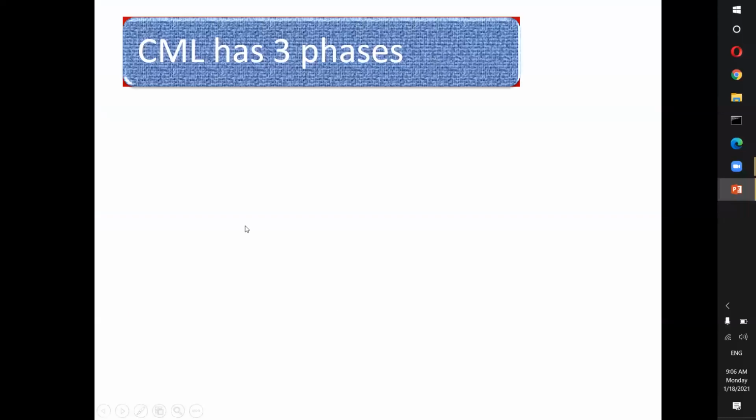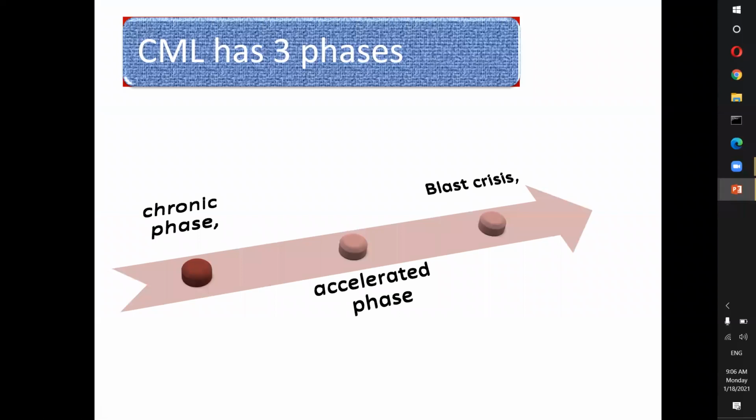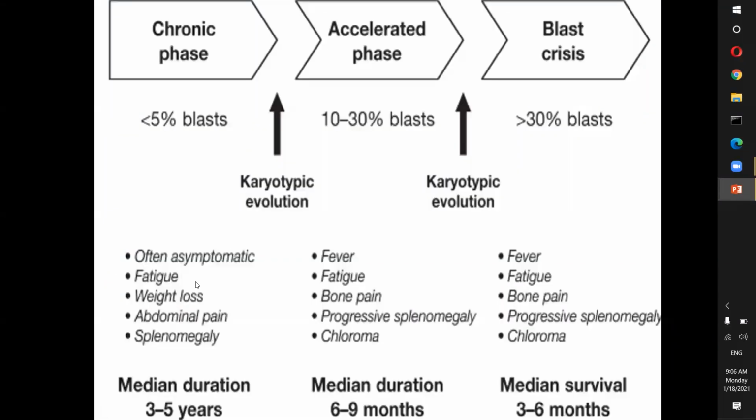So CML has 3 phases: chronic, accelerated phase, and maybe go to the blastic phase. In the chronic phase the patient is usually asymptomatic, often with survival reaching 5 years.